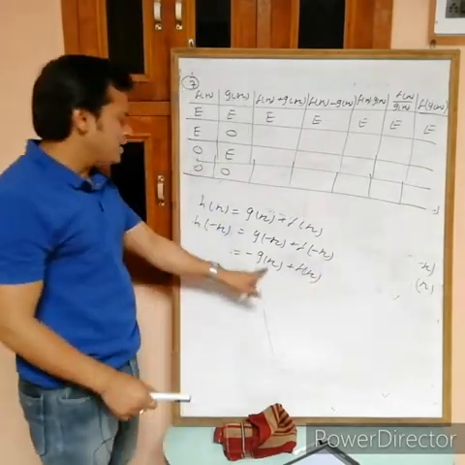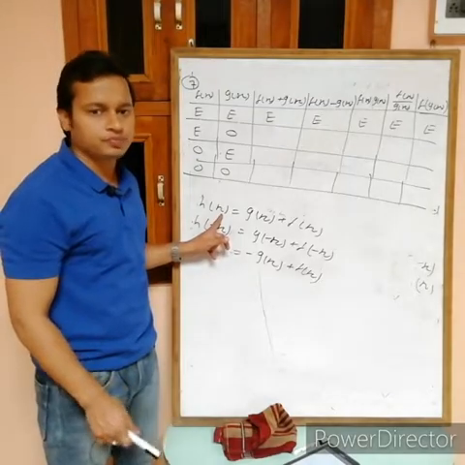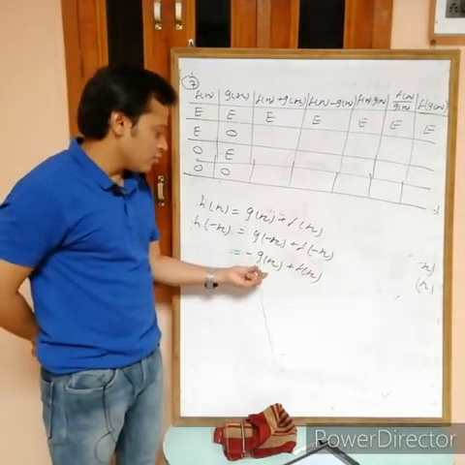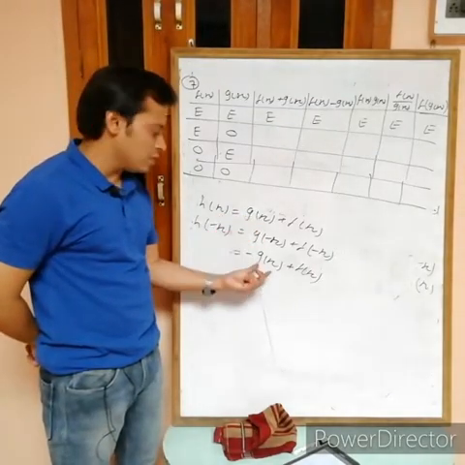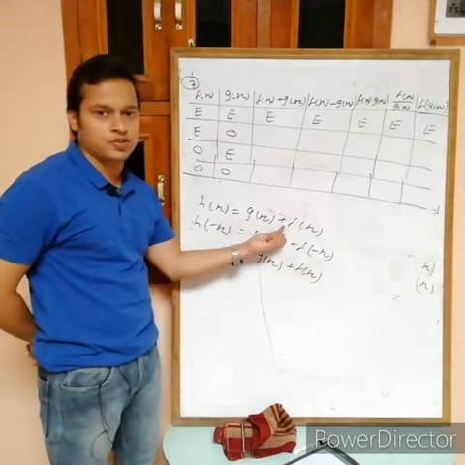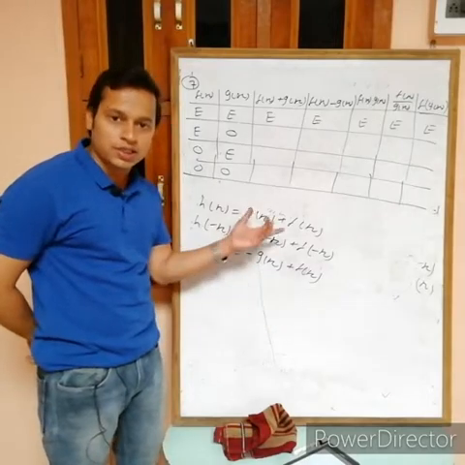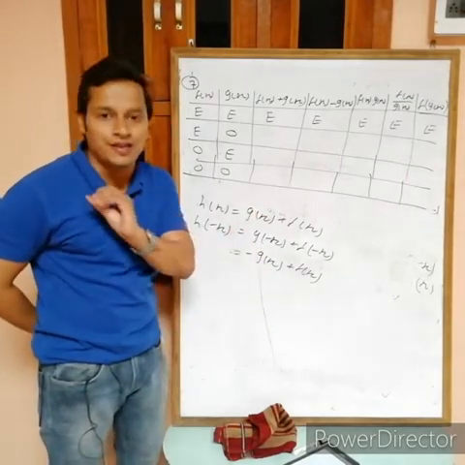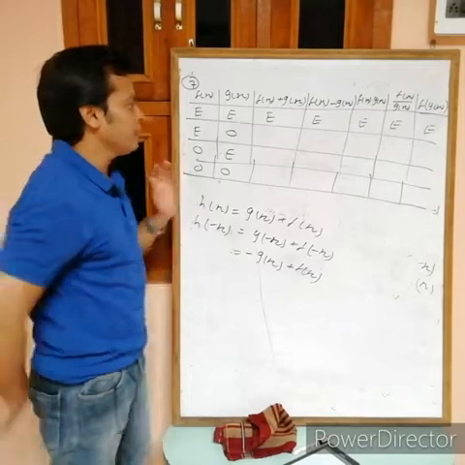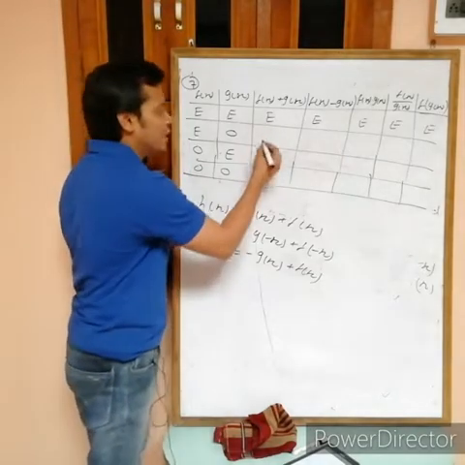Now can you write this one in terms of h(x)? Actually no, this is not equal to h(x), and also this is not equal to minus of h(x). So you can't write h of minus x in terms of h(x). If you can't write, then this is neither even nor odd. Okay, so this one is neither even nor odd.